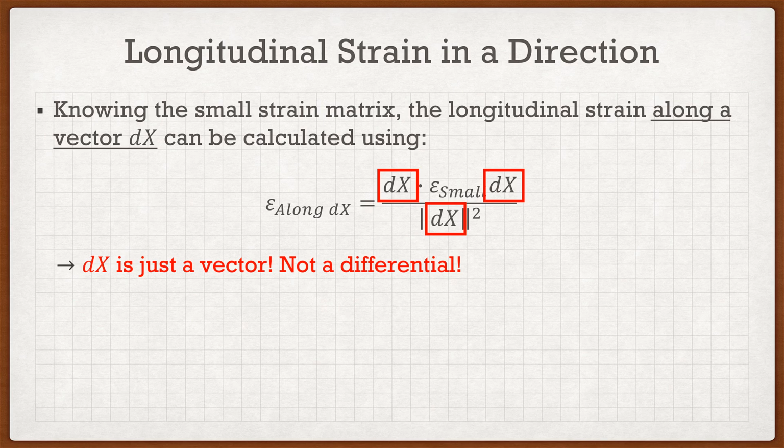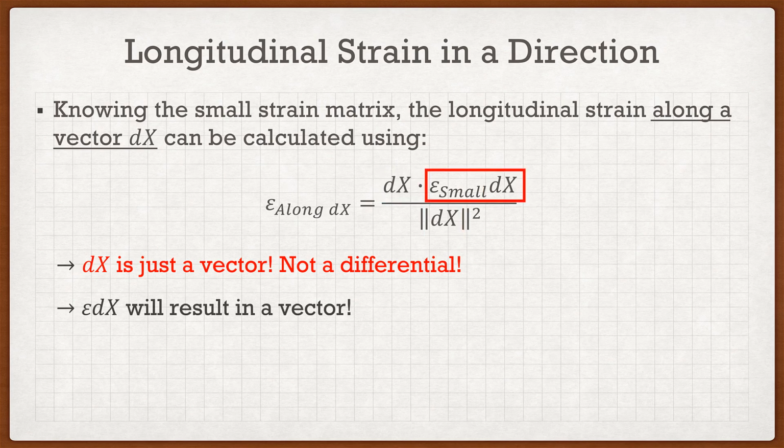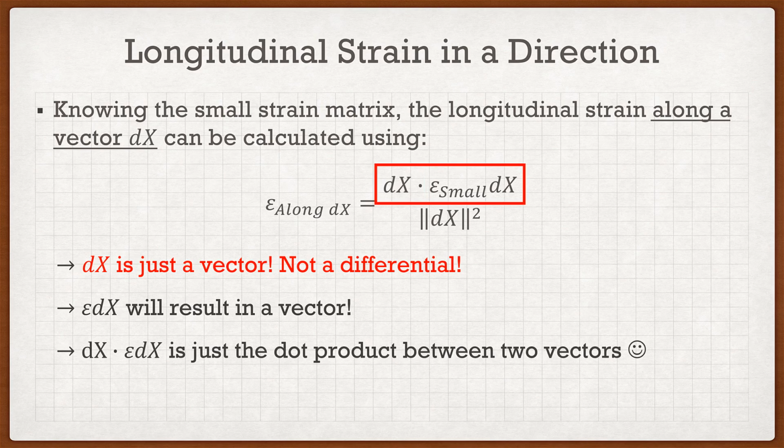Now that we know that dx is just a vector, we can look through this equation and figure out what the result should be. If we look at this term, where we take our small strain matrix and multiply it by dx, that just turns into a vector. Then at the top, we have dx dotted, so remember that's a dot product, not just multiplication, with E dx. That should just be a scalar value, since I'm dotting two vectors together.